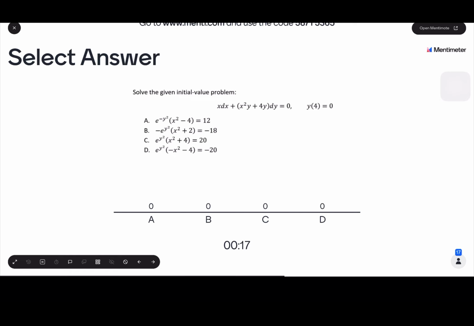Then you need to divide by M for the integrating factor, but I don't think the time is enough if you find the integrating factor. Let this question be your exercise.